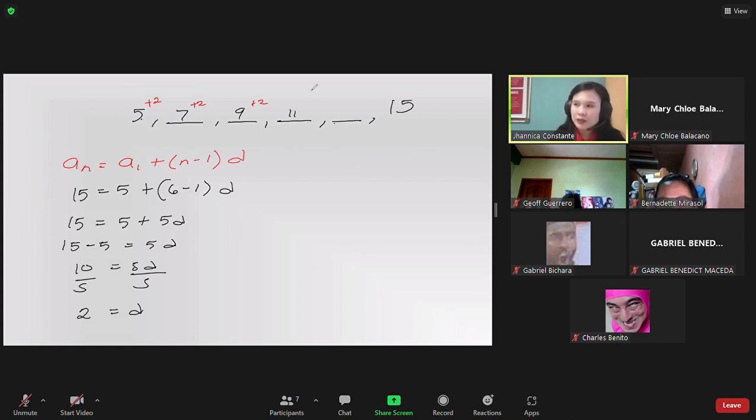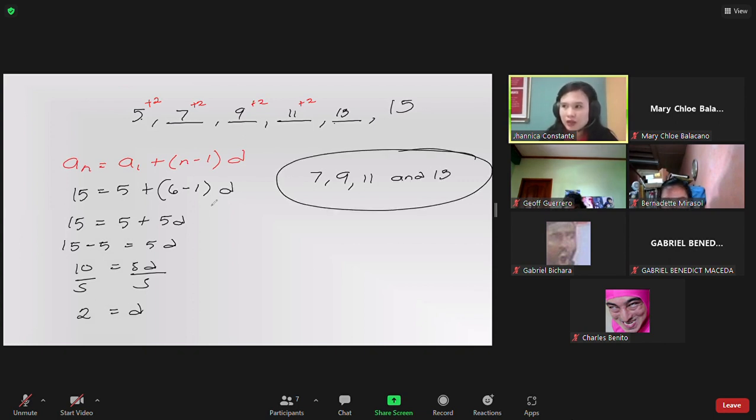And 11 plus 2 is equal to 13. So the arithmetic means in our sequence are 7, 9, 11, and 13. So that is our arithmetic mean.